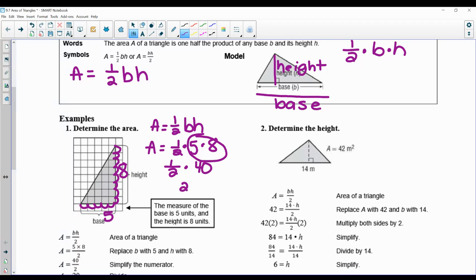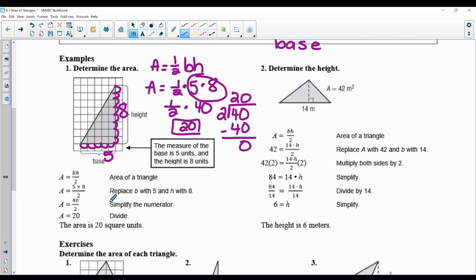Some of you know automatically 20 is half of 40. If you really wouldn't know, you take the half of 40, so you divide by 2. And 20 times 2 is 40. So it's multiplying the base, the height, and then getting the half of that number.